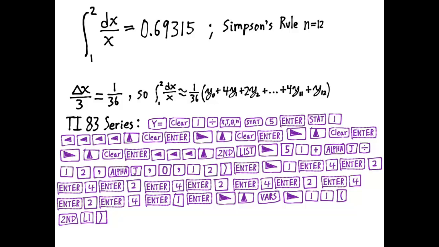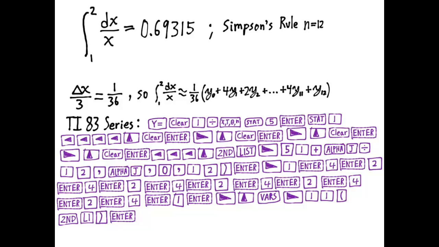Put parenthesis, press second function, hit the number 1 to get L1, close parenthesis. y1 of L1, in other words, evaluate y1 at all of the x coordinates and make a whole list of numbers. These are the y values, which when you press enter, will populate the list L3. Now we have all the y values.